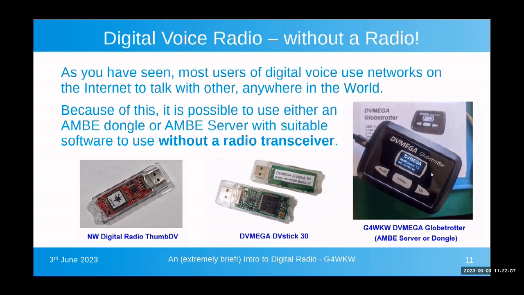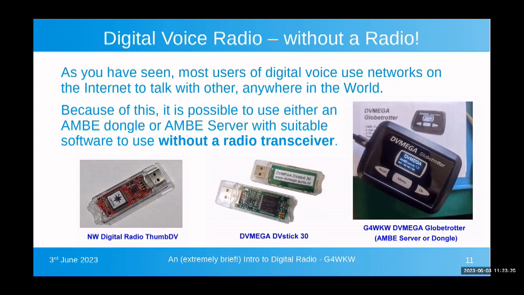Now, if you've got a standalone AMBE server, it means you can connect to it via your network, via Ethernet or Wi-Fi, and you can run software on, say, an Android phone or on your PC that connects to any of the systems.